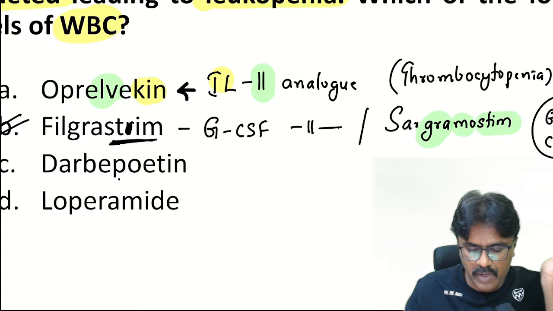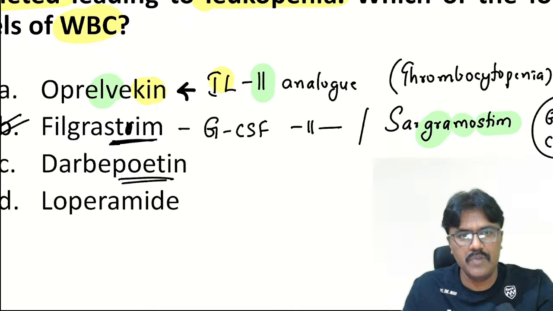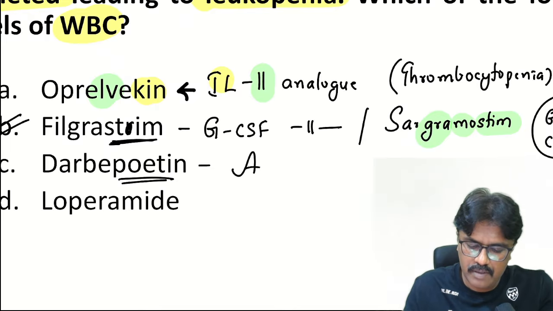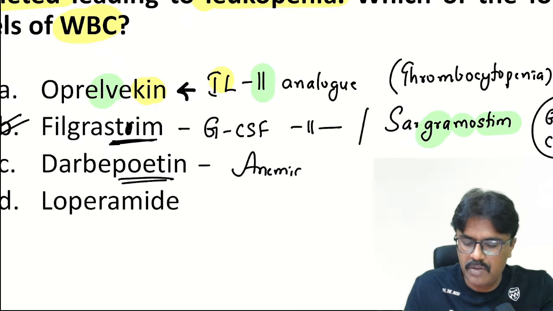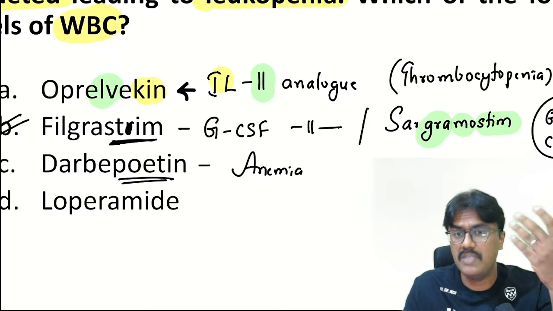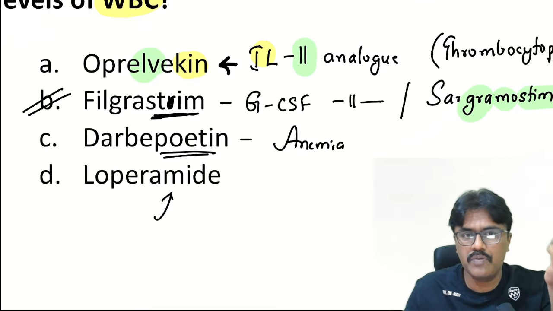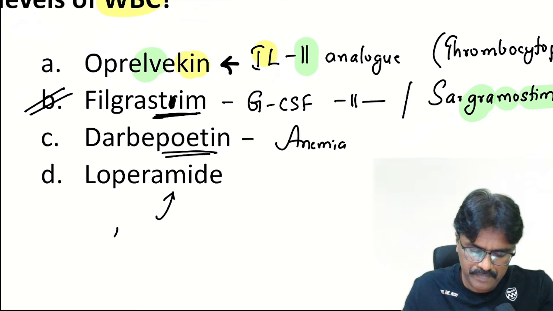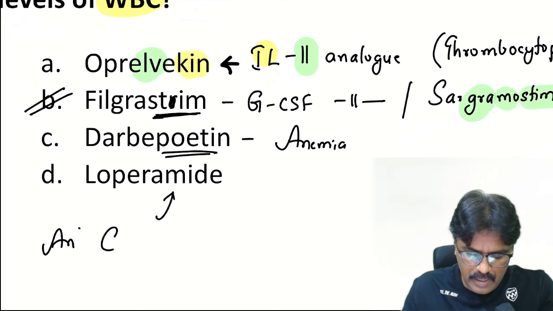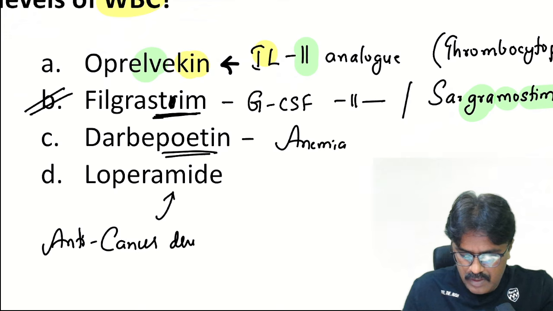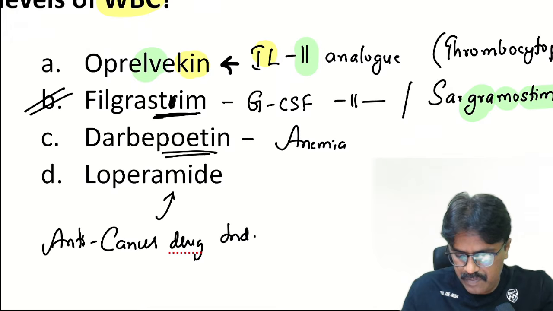Anything ending with poietin, it's erythropoietin. So it can be used for anemia due to cancer drugs, anemia due to CKD. Loperamide can also be used for cancer-induced diarrhea. Anti-cancer drug induced diarrhea, it can be used.